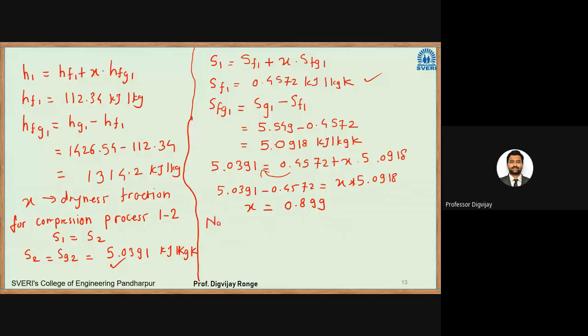Now h1 will be equal to hf1, which they have given directly, 0.34, plus 0.899 into hfg, which I have calculated, that is 1314.2.